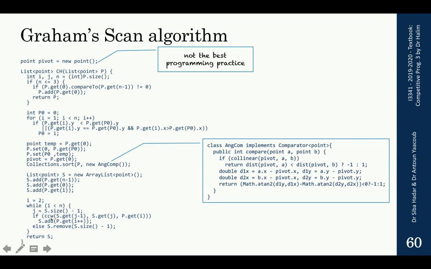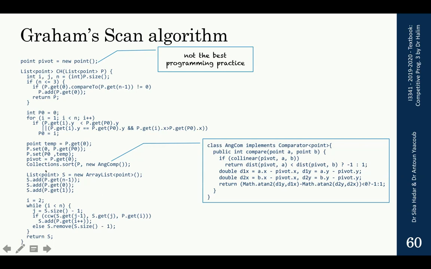If they are counterclockwise, we add p.get(i) to the stack and we of course increment i. If they are not counterclockwise, we remove the last added element from the stack. So we remove the element of index s.size minus 1, and we don't add anything.